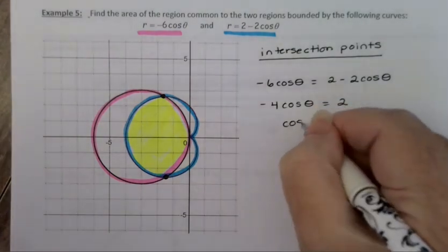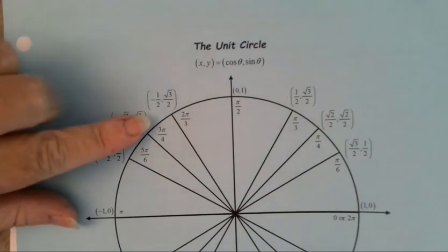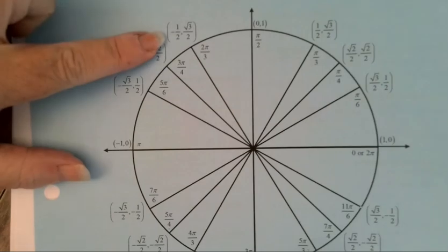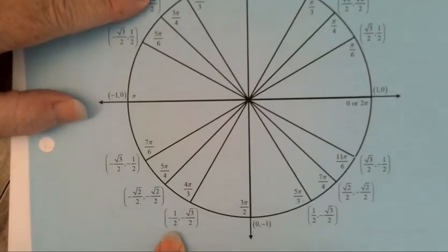Dividing by the negative 4, cosine theta would be negative 1/2. And that happens right here, and also way down at the bottom here.